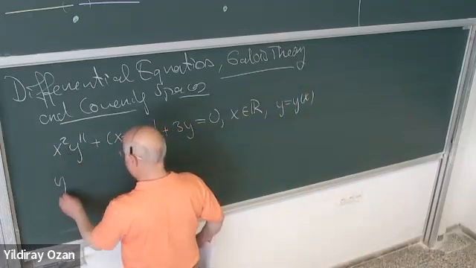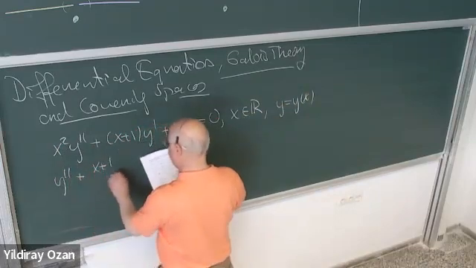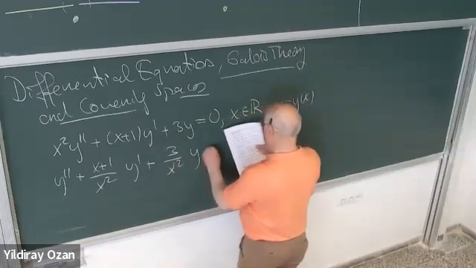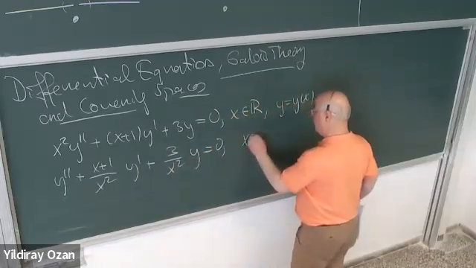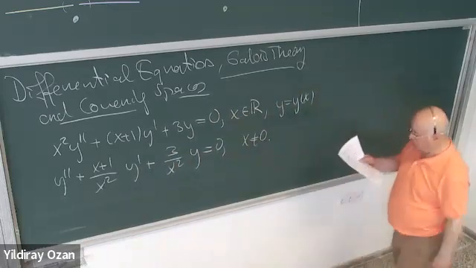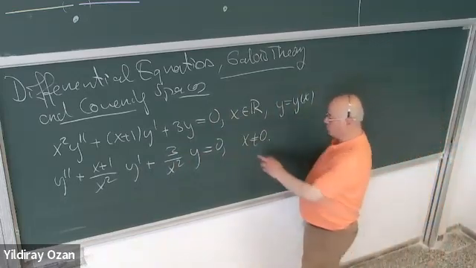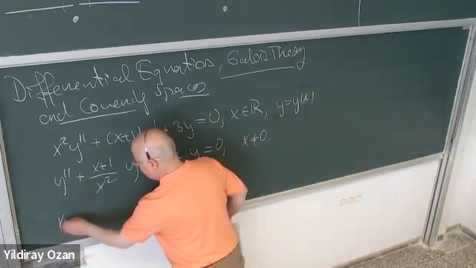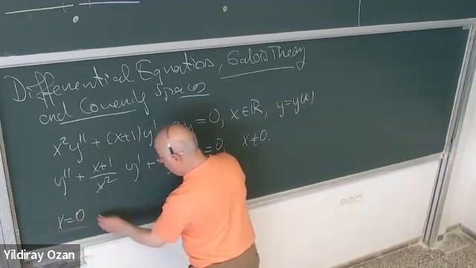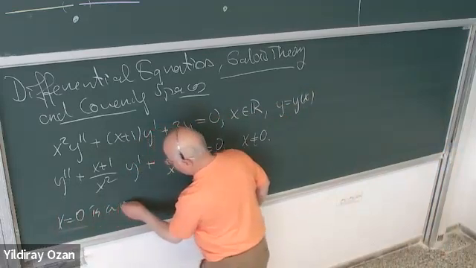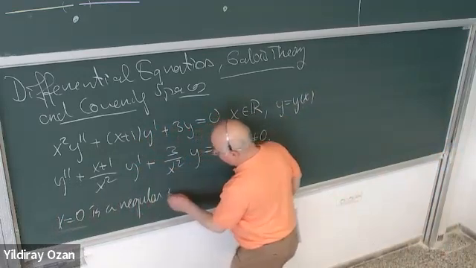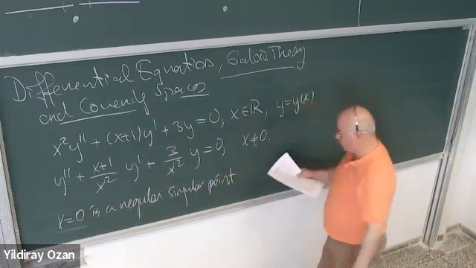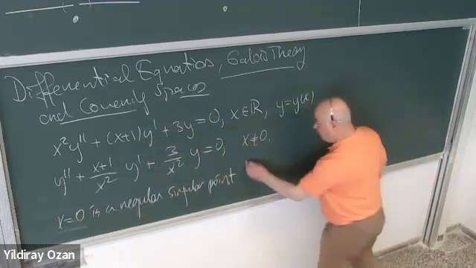I can write it this way: x plus 1 over x squared, y prime. Of course, then I have to just consider non-zero real numbers. Here, x equals 0 is a regular singular point. I will make precise what this means and so on for the equation.